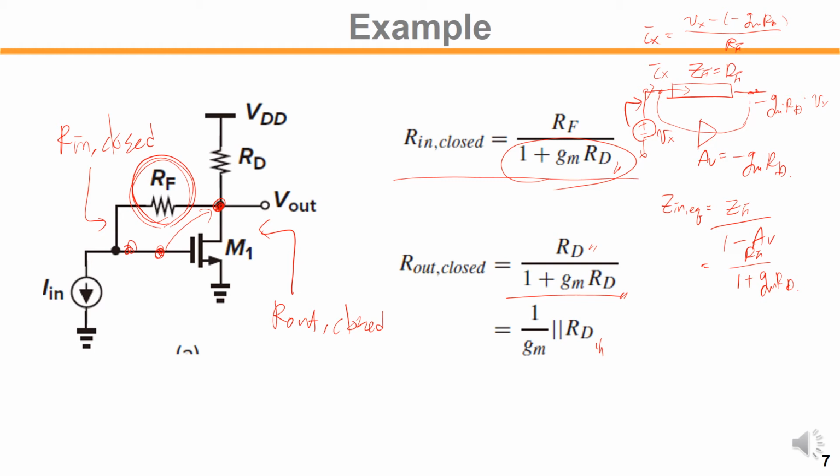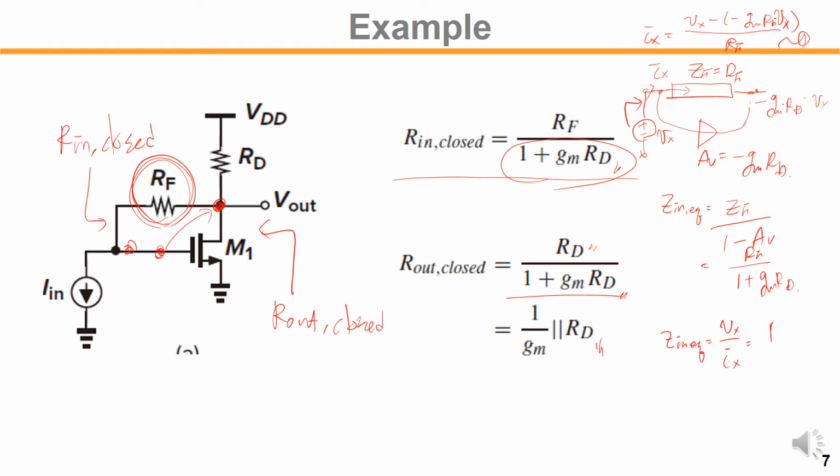Ix would be the voltage difference between Vx and minus GM RD Vx, divided by the impedance, which is RF, right? So from the Ix to Vx relationship, we can find that the G in equivalent will be Vx over Ix.